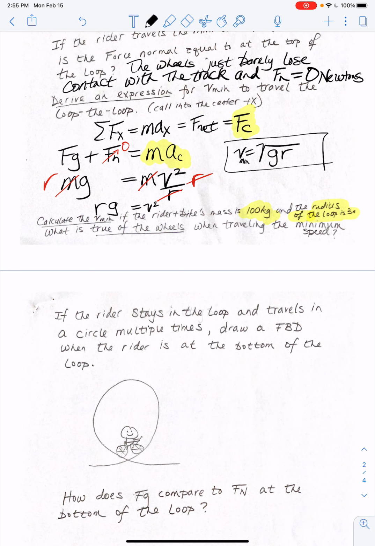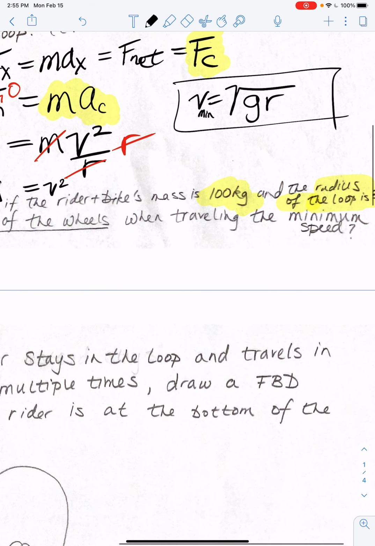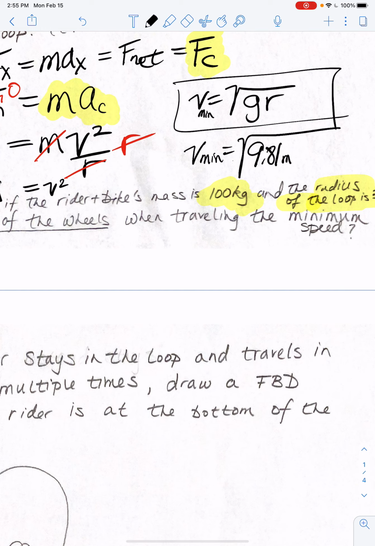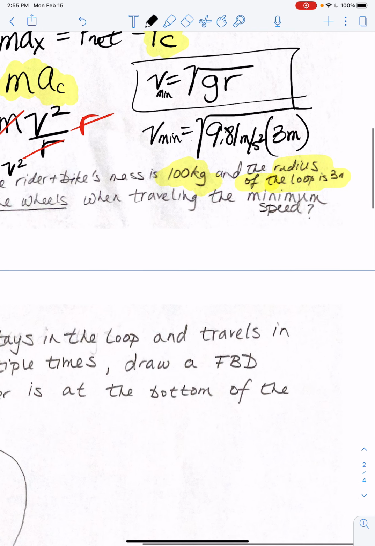So we're saying then that V min is equal to the square root of 9.81 times 3. And notice that the fact that the person had 100 kilogram mass didn't matter, right?